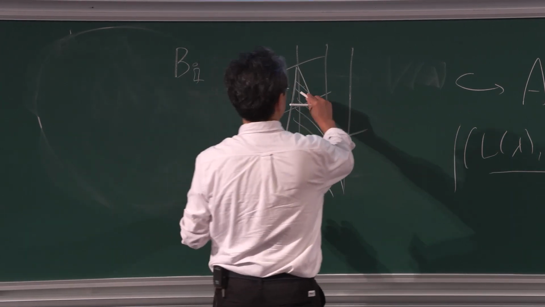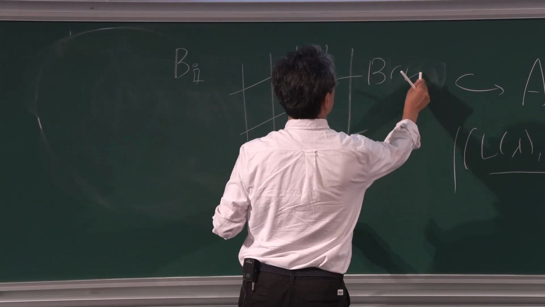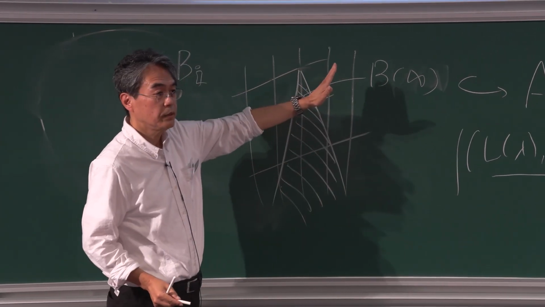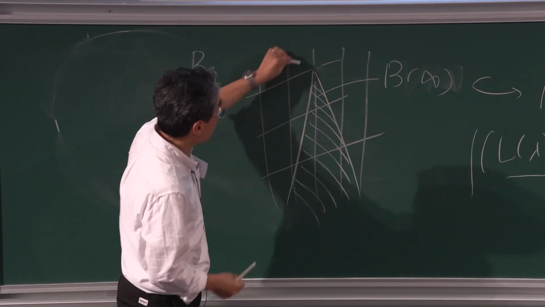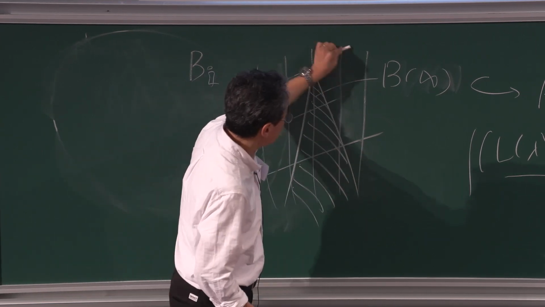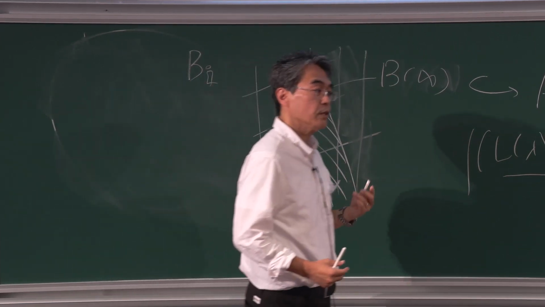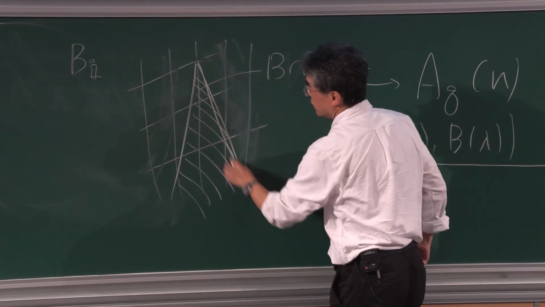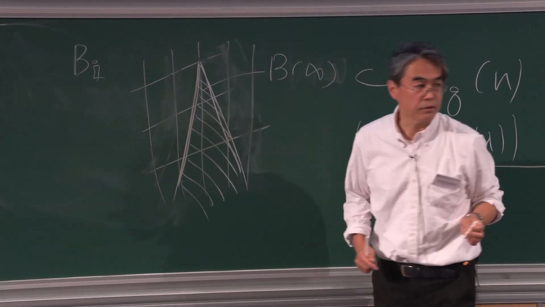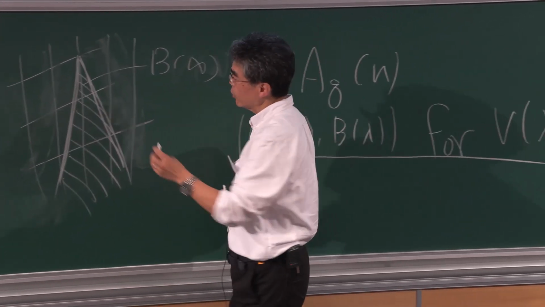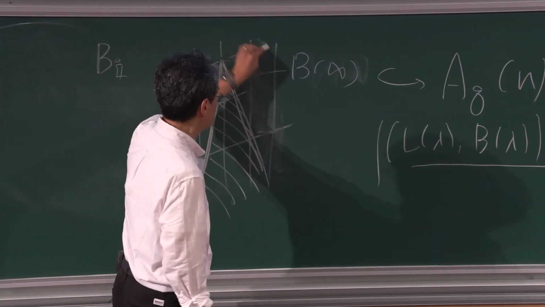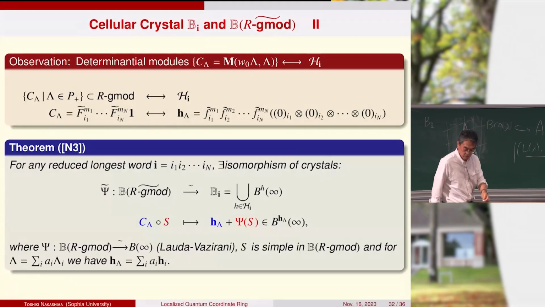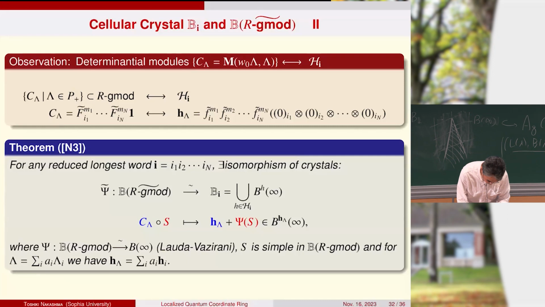This one is B of infinity. Then we forget around here. But these parts are recovered by localizations again from here. This part is given by Lambda and Bajrani, and by considering localizations, we can recover these parts again. This is localization. I don't have so much time.